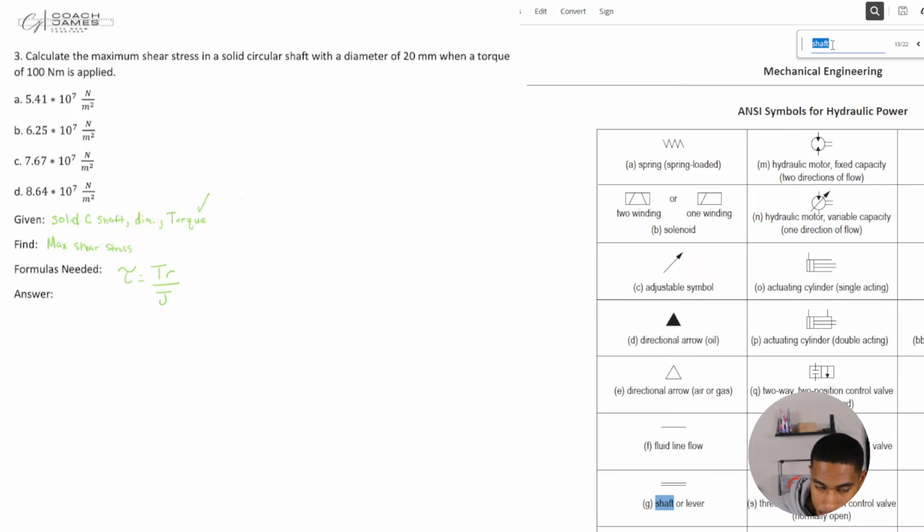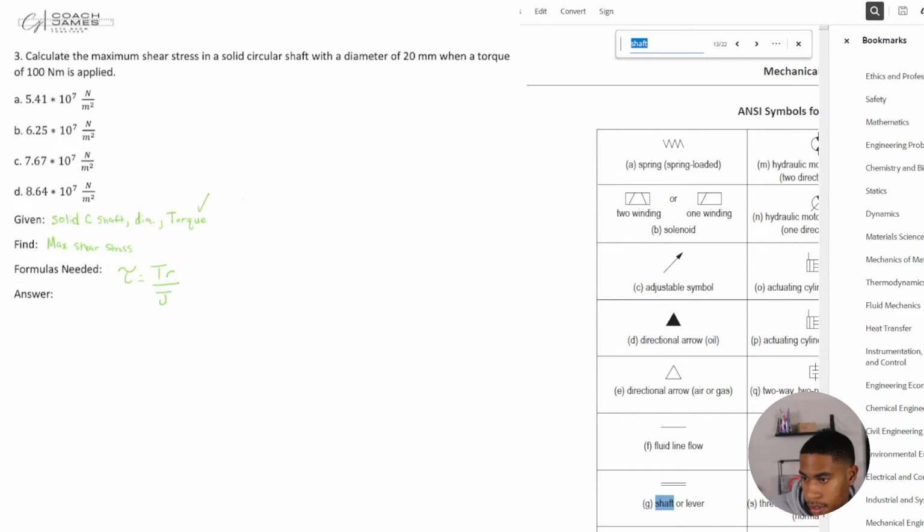So we really just need the polar moment of inertia for a circle. Where would that be?